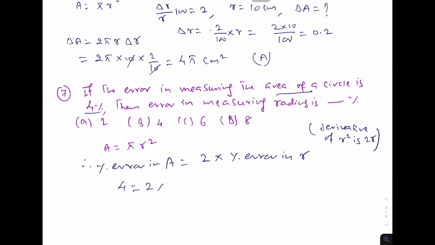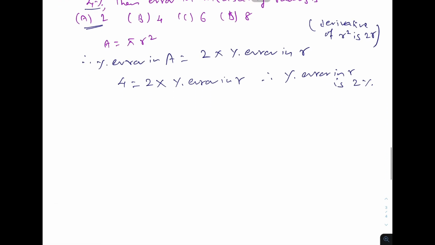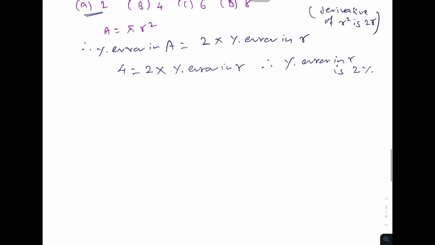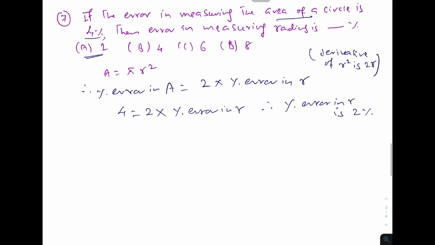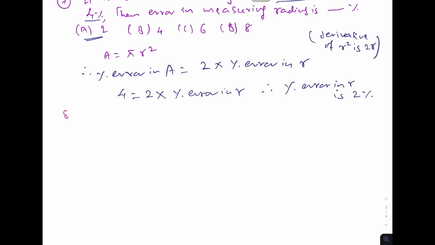So this is 4 equals 2 into percentage error in R, and therefore percentage error in R is 2%. So the option is A. Okay. Now the next is, let us take one more example.